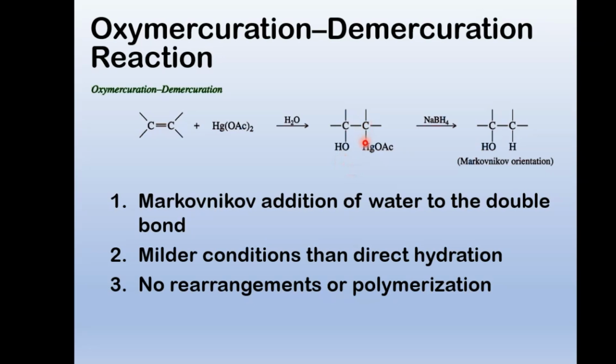The carbon that had the greater amount of hydrogens gets the mercury, and then eventually we get our Markovnikov orientation. So it's milder conditions than direct hydration, and a little cleaner reaction. We don't get any rearrangements or something we haven't talked about, polymerizations.